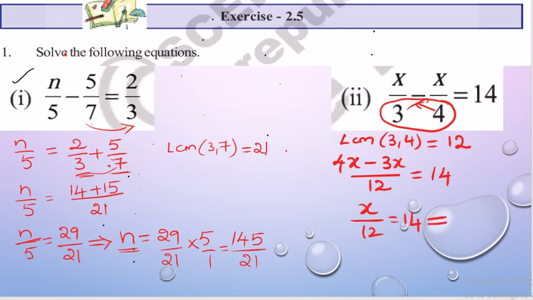Since 12 is in the denominator, I can cross multiply. So x is equal to 14 into 12. 14 tens are 140, 14 twos are 28. So 140 plus 28 is 168.